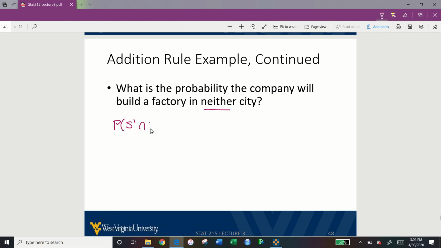It's not both, and it is not in Beijing. And as we said, this is the opposite of the union of our event. So we are going to use the complement rule. 1 minus the probability of it being in just Shanghai, just Beijing, or both. So that's going to be 1 minus 0.8, which equals 0.2. So there is a 20% chance that the company will build a factory in neither city.